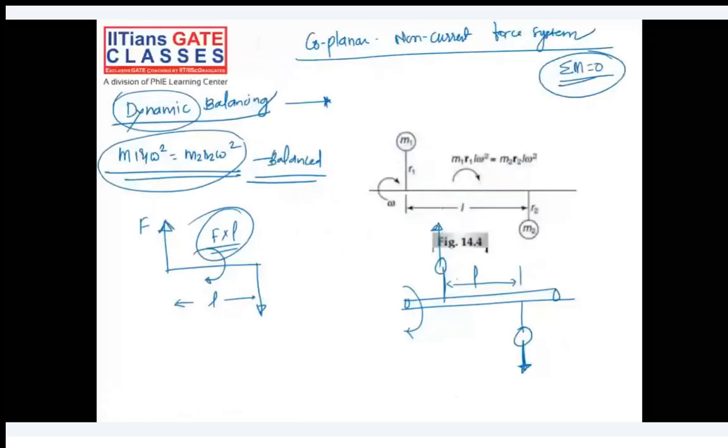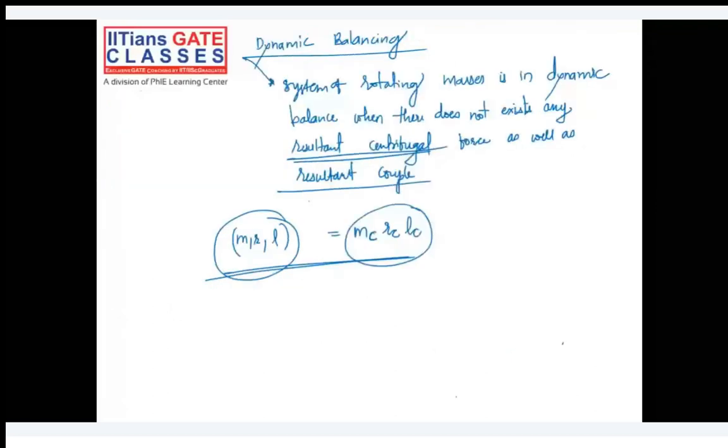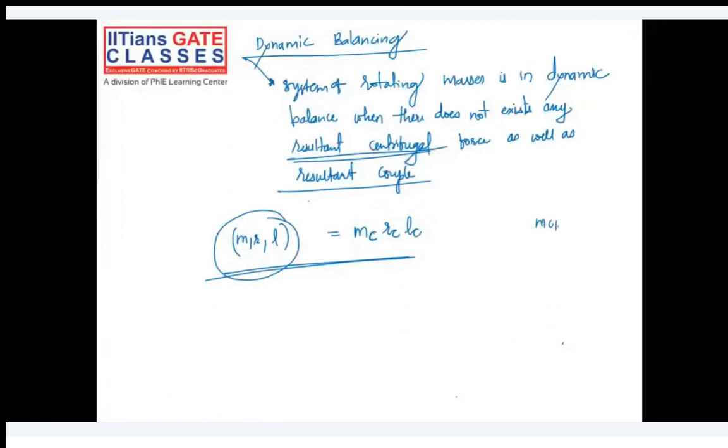Yes, ultimately we have to add two counter masses: MC1, which is at a distance RC1, and similarly MC2, which is at a distance RC2, and the distance between these two masses is LC.